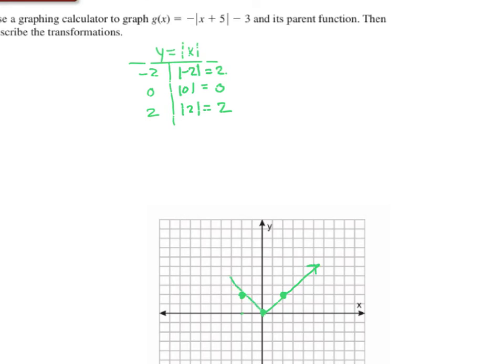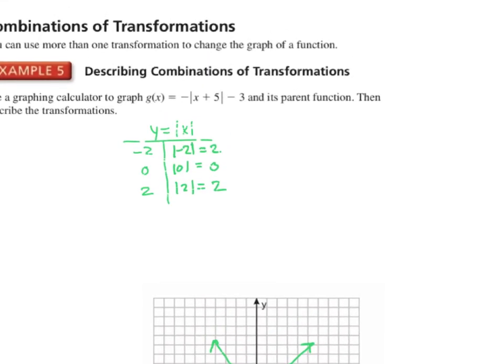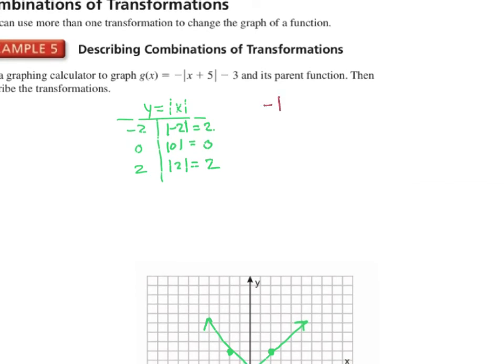Next, we're going to graph negative absolute value of x plus 5 minus 3. So the numbers that we're going to plug in here are going to be negative 7, negative 5, and negative 3.